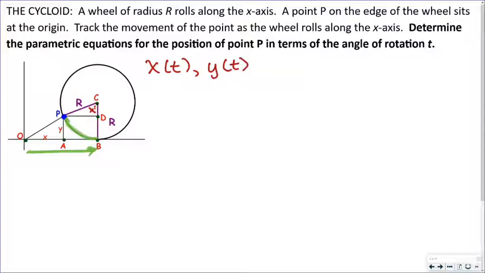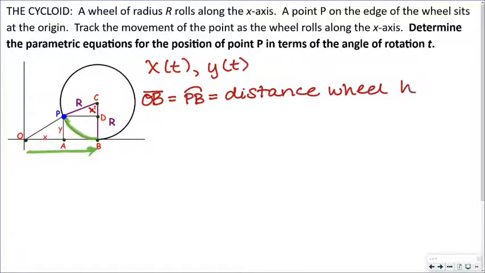Or in other words, I could say that line segment OB is equal in length to arc PB. And that's the distance the wheel has traveled so far to this point where you see P where it is now, since point P was at the origin.